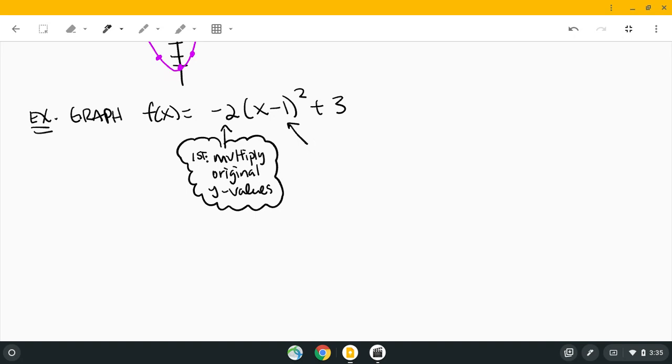So this one here is a shift right 1. Okay, so it's kind of like the opposite. And then here, this is a shift up 3.